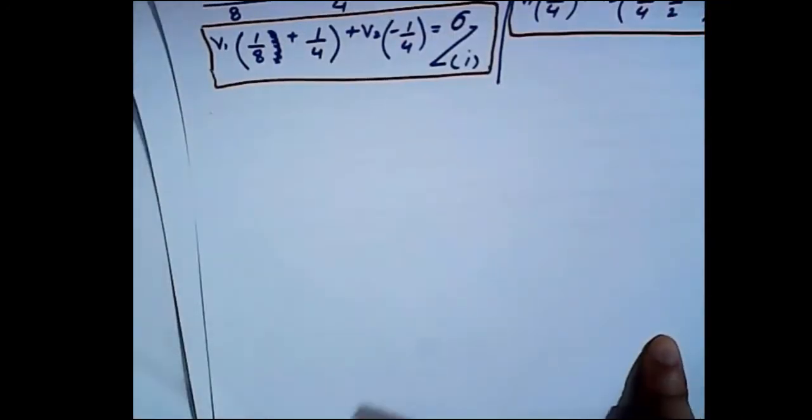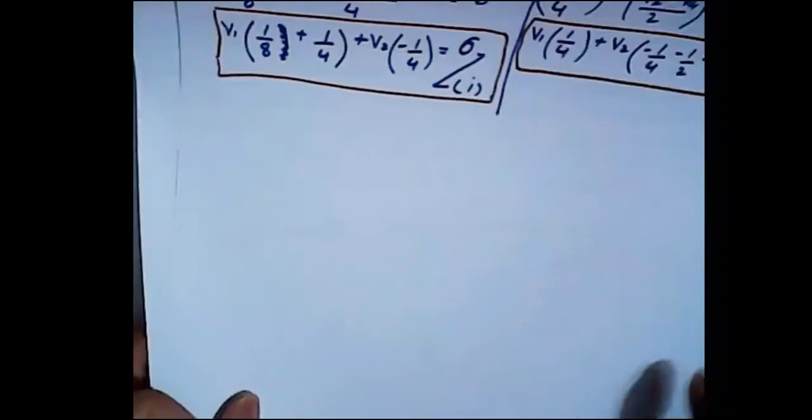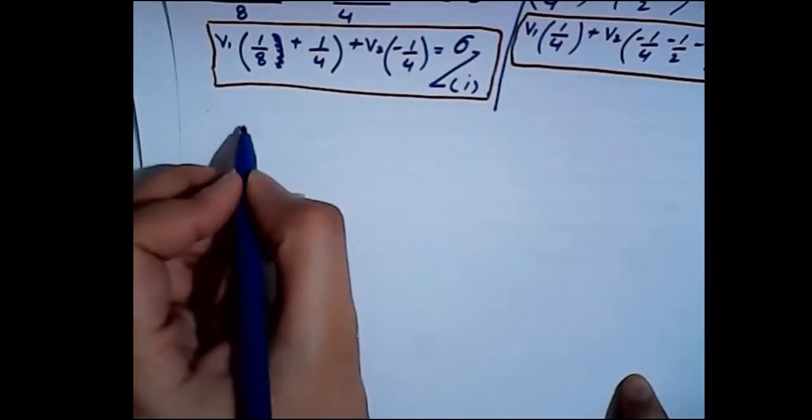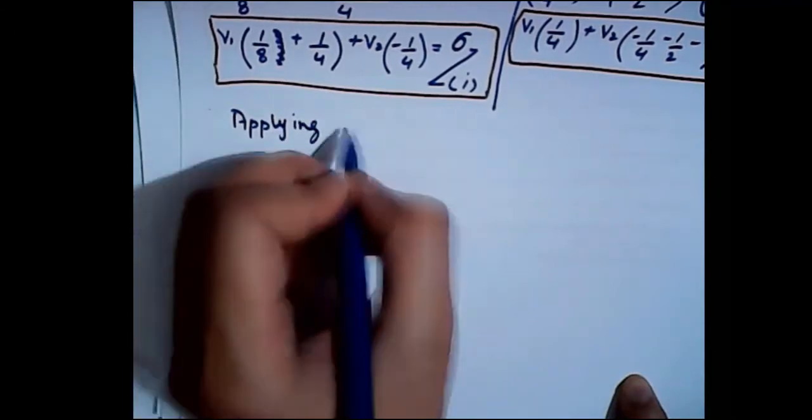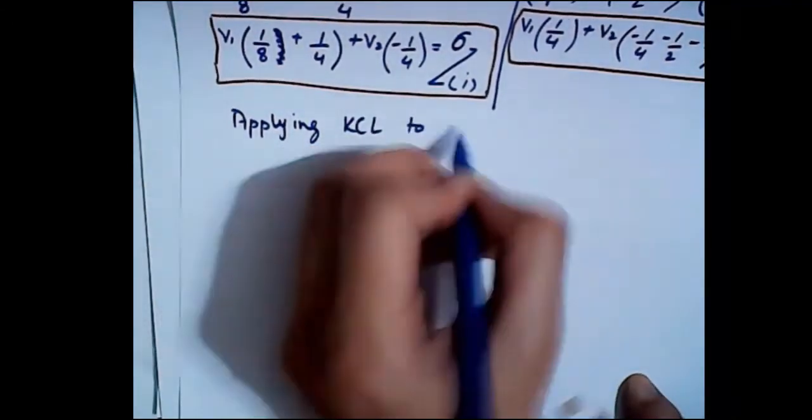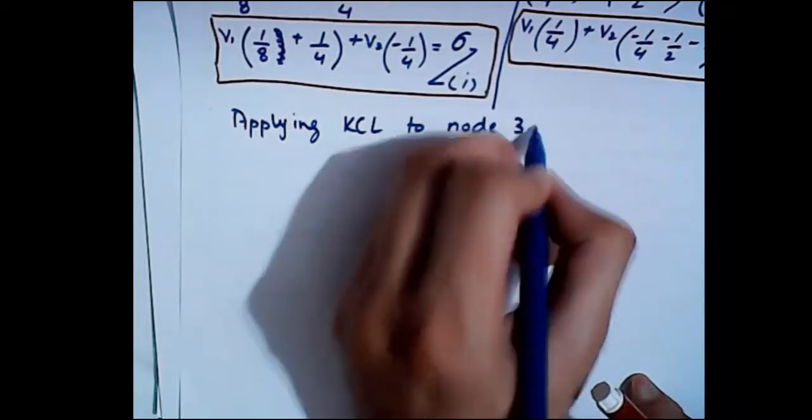So what you will do is applying KCL to node 3, right?